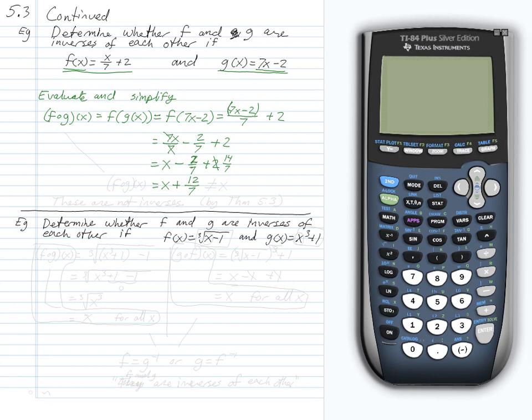Okay, so f composed with g of x is x plus 12/7. Well, x plus 12/7 is certainly not equal to x. So, we're done. These are not inverses.